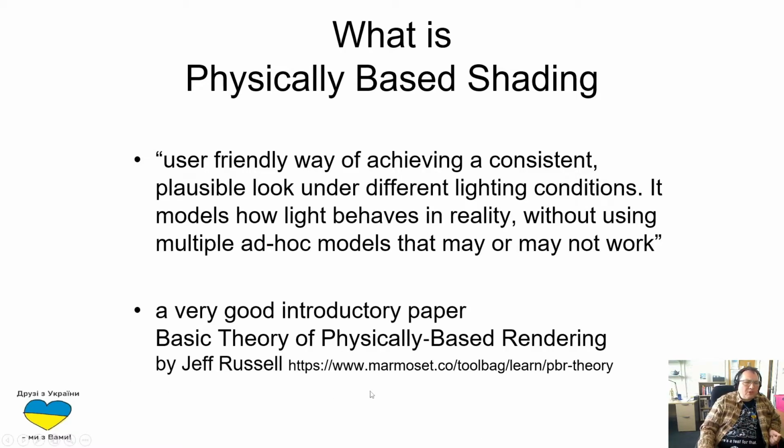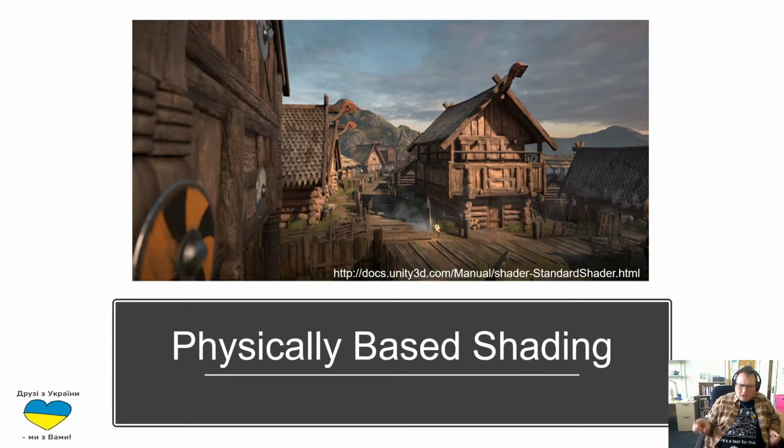You can find the link here, or it is also published in Canvas, but not in this unit, in Unit 3.02 about shader graphs. Just one more thing, this image here, which was initially used by Unity to market their then new standard shader based on PBS, physically based shading, everything in this picture uses just a single standard shader, so the technique is quite powerful.